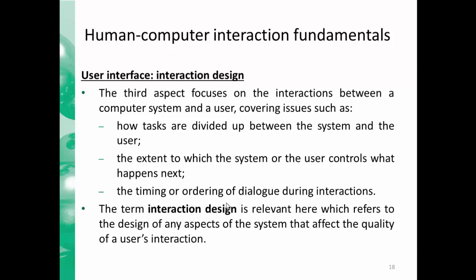And also to what extent the user controls or the system controls what happens next. So is it the system decision or the user decision to decide what's coming next? Timing is very important, and ordering of dialogues is very important also. This also must be designed to decide how long tasks will take to be performed and in what order.